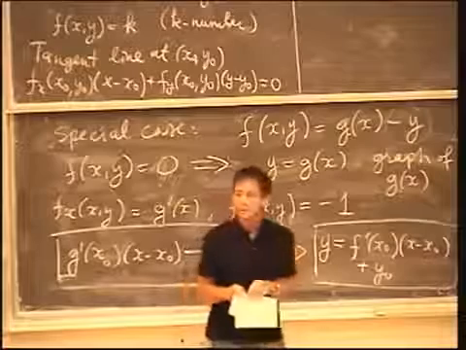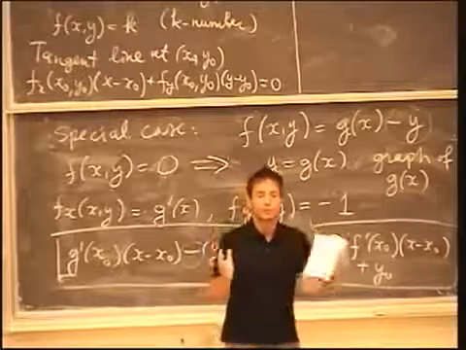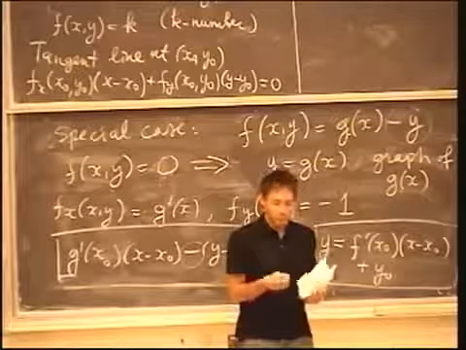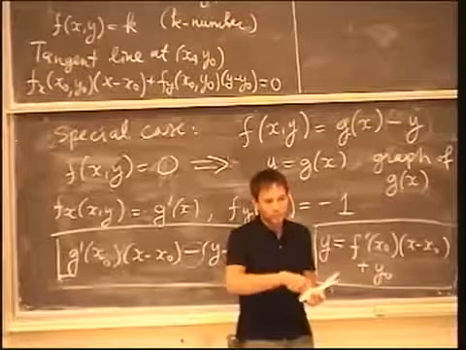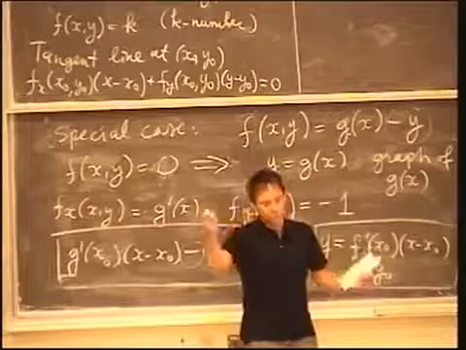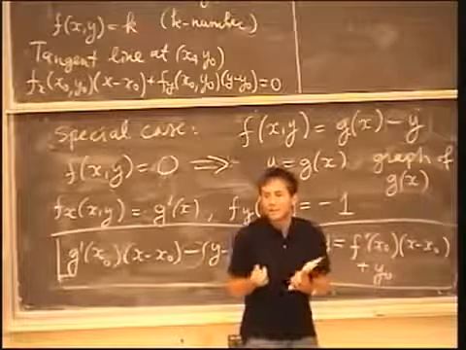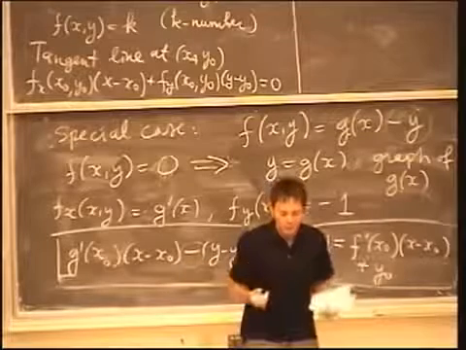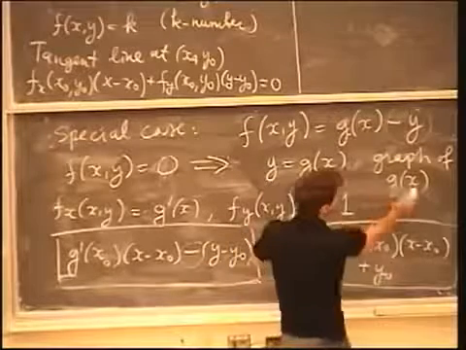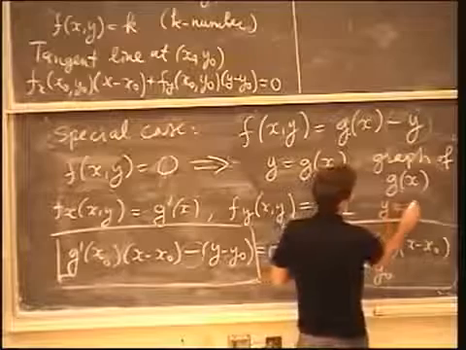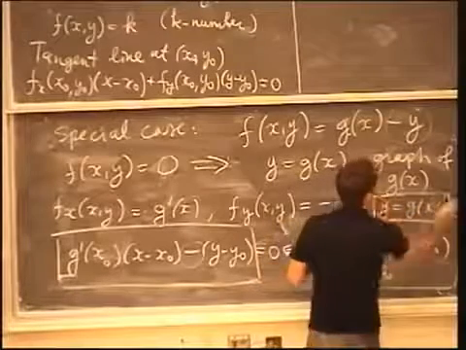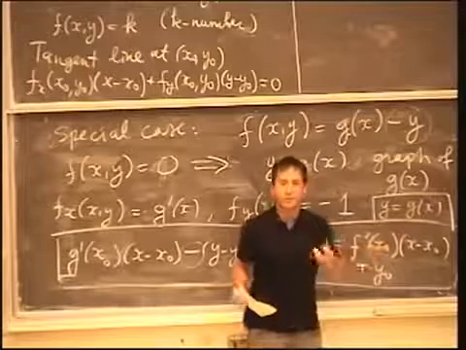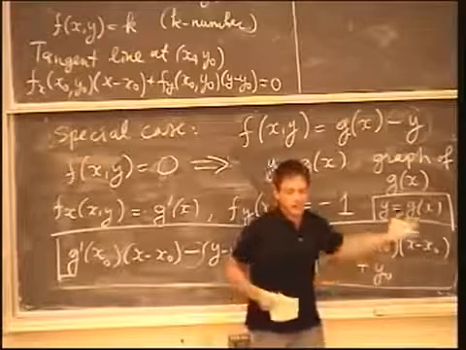When we study functions in one variable, we would like to visualize them by graphs. When we draw a graph of a function of one variable, we introduce one more variable, and we look at the graph, which is y equals f of x. What I'm saying now is that within this formalism that we are developing, we can think of the graph of g of x, which normally we would write as y equals g of x, just in this form. And when we write it in this form, we never say the word level curve or anything like this. We just say graph.